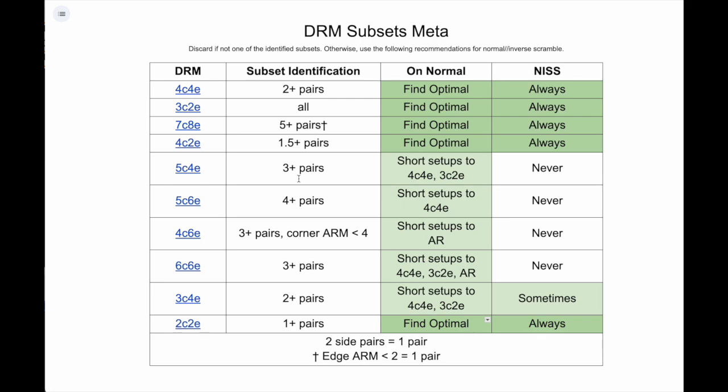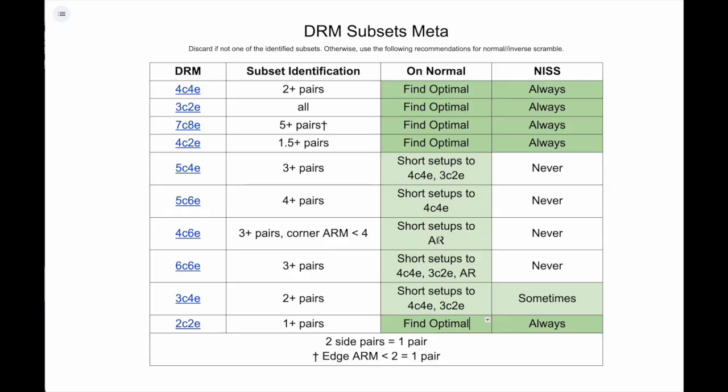This is an interesting thing that I'm keen to try out in practice. There's some more refinements in the doc, like this kind of breakdown about this one actually doesn't set up the 3C2E that much. This one doesn't set up to axial reduction that much. This one only sets up to axial reduction.